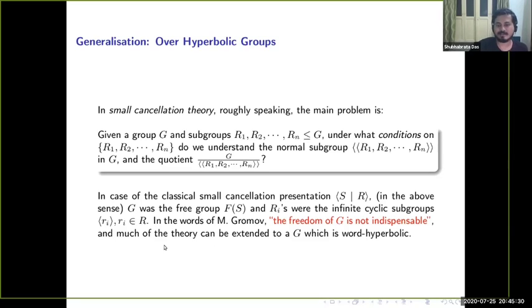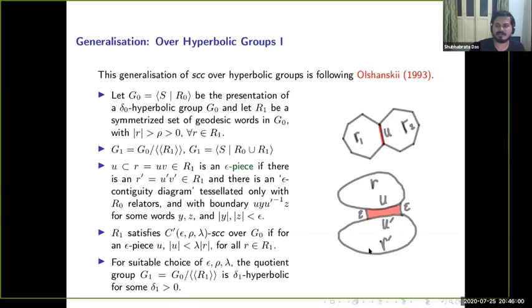You can relax the freeness of F(S) and look for similar small cancellation conditions. So what would be the next step to look? If we relax the freeness, we look at hyperbolic groups. So then comes the generalization of small cancellation theory over the hyperbolic groups.